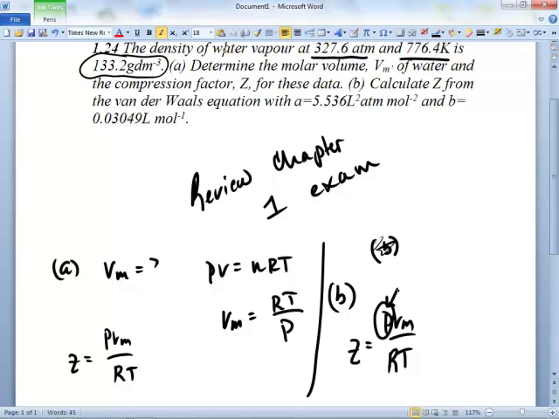I bet you get the answer in the back of the book when you use the density, right? Why would they be different answers? Assume the volume is, I think, 1 cubic decimeter. And then you know the mass, right? Then the mass is 133.2 grams.